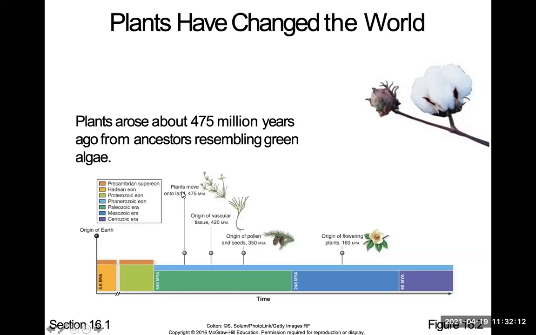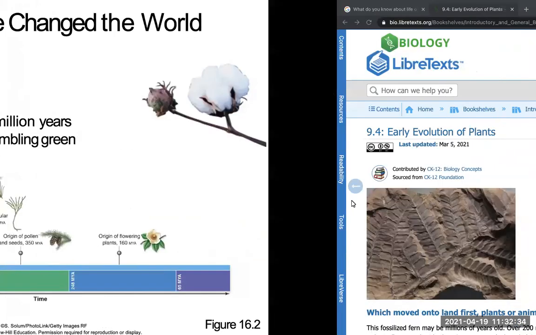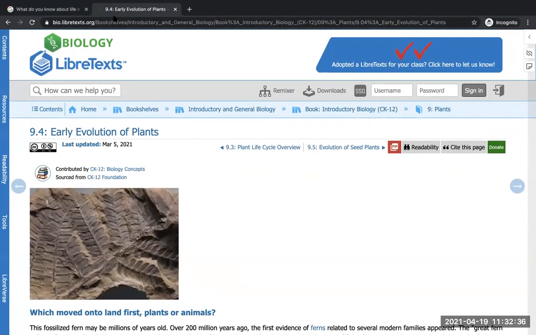Plants move on to land, and then they evolve vascular tissue. I'll tell you what vascular tissue is in a few seconds. Then they started making seeds, and then they started making flowers. Those are the four groups we're going to go over today.